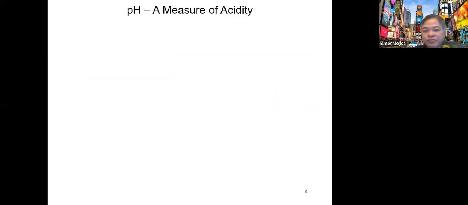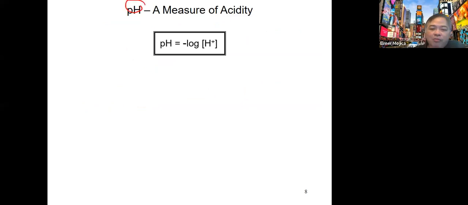Now, let's go to the pH. The definition of pH, the power of the hydrogen. So pH is just defined as negative log of H plus. And if you have that, you can determine the nature of your solution.